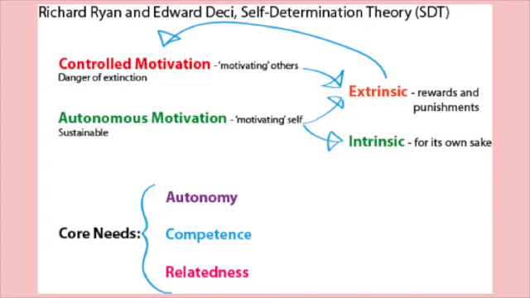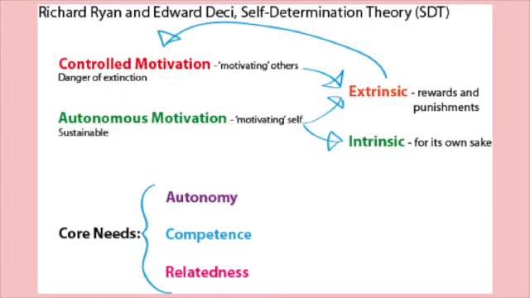So that would be extrinsic autonomous motivation. And what Ryan and Deci found is that autonomous motivation is very sustainable. As long as we're in charge of our choices, we tend to continue doing the thing because we find it intrinsically rewarding, and it fulfills our need for autonomy to feel that we are in charge of our choice.